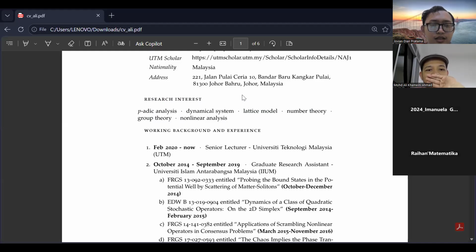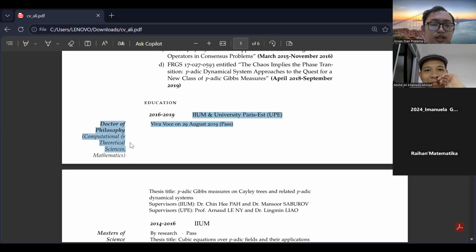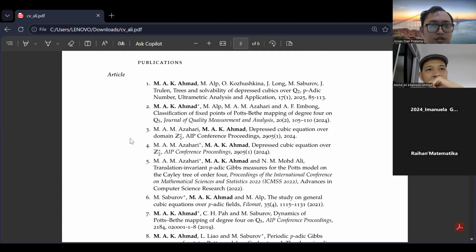He obtained his PhD in mathematics at International Islamic University Malaysia, IIUM, in collaboration with a university in Paris, France.